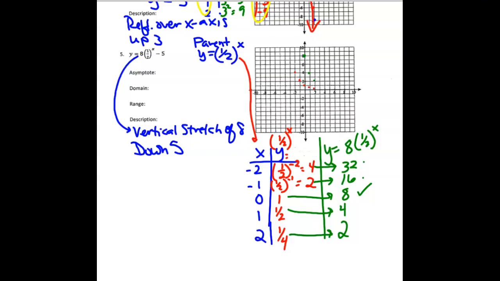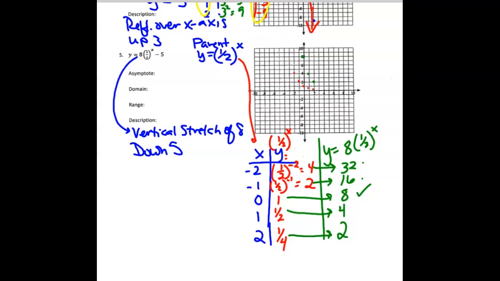Okay? Now, our last piece is that we're going to shift everything down 5. And remember, if we go down 5, the asymptote moves as well. So our asymptote's going to move down here at -5. And we're going to take all those green dots and shift them down 5.